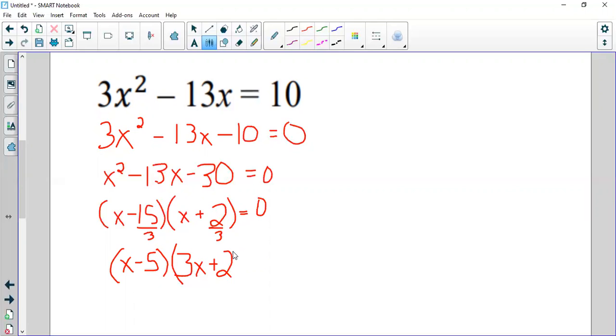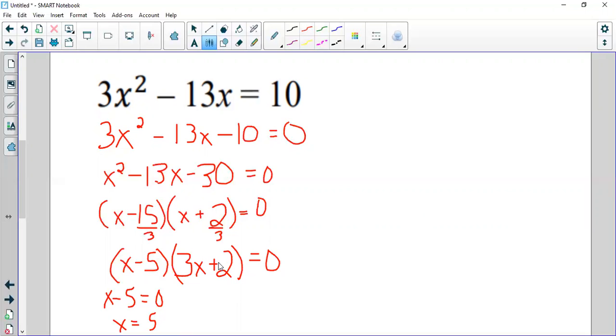And both of these parentheses have a product of 0. And now I use that zero product property. Each factor has to equal 0. So either x minus 5 equals 0. And if it does, that means that x would equal 5. So I add 5 to both sides.